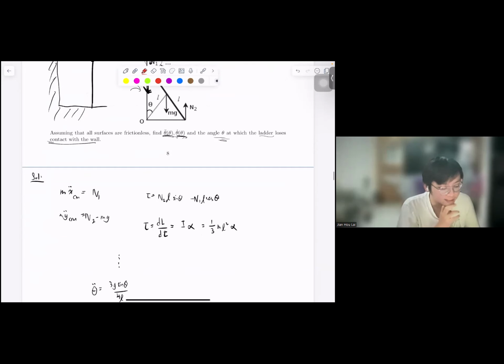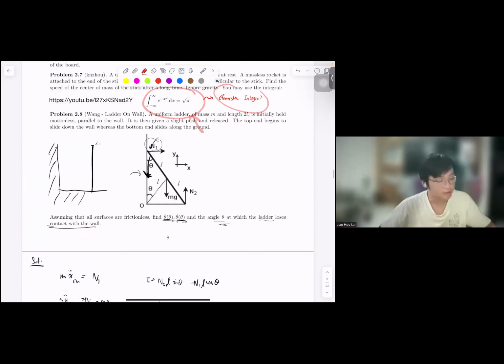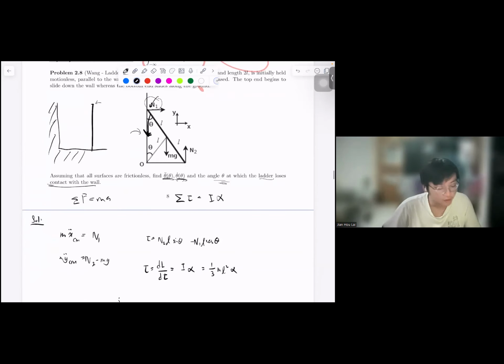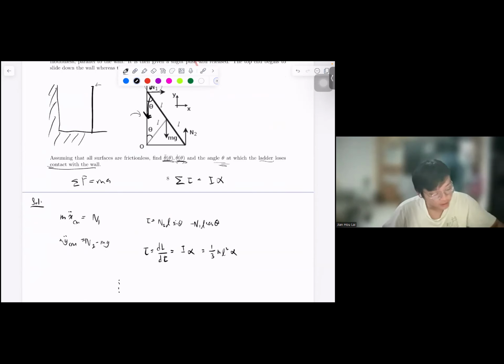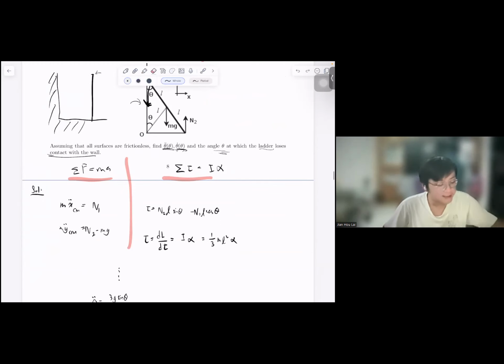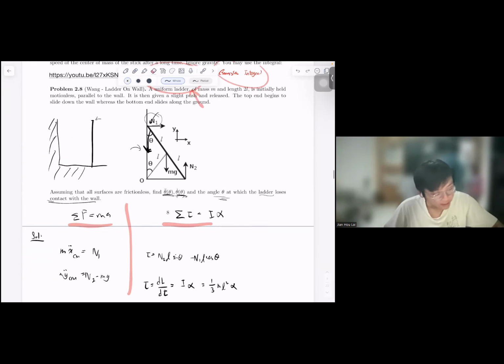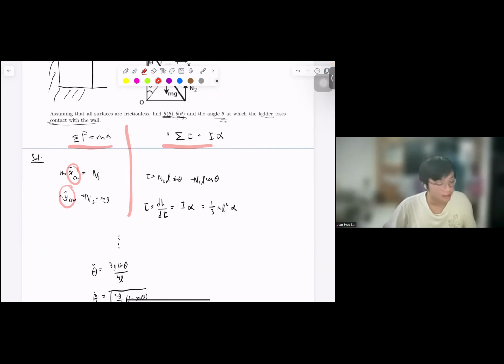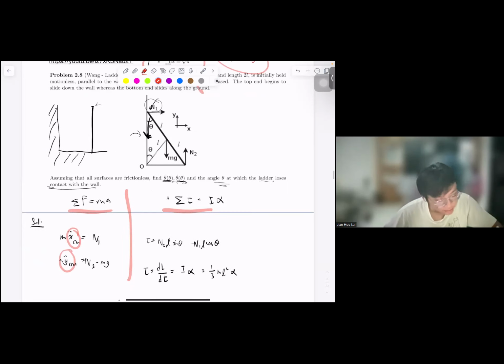You try to analyze it the usual way, using F equal to ma, the net force equals ma, and also for rotational motion, net torque equal to I alpha. You consider the translational part and also the angular part. In the x direction and y direction, because it's a two-dimensional problem, about the center of mass, let's say about this point.